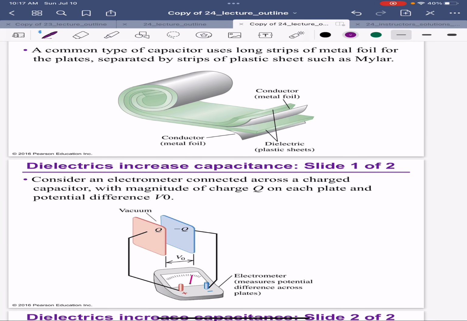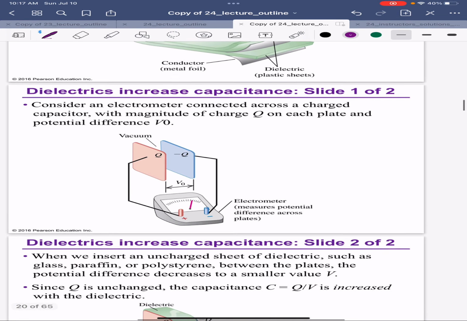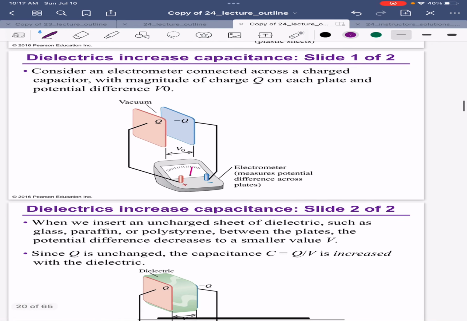Now, when we have the dielectric connected across a charged capacitor, the charge is Q on both plates, and the potential difference is V0 without the dielectric.